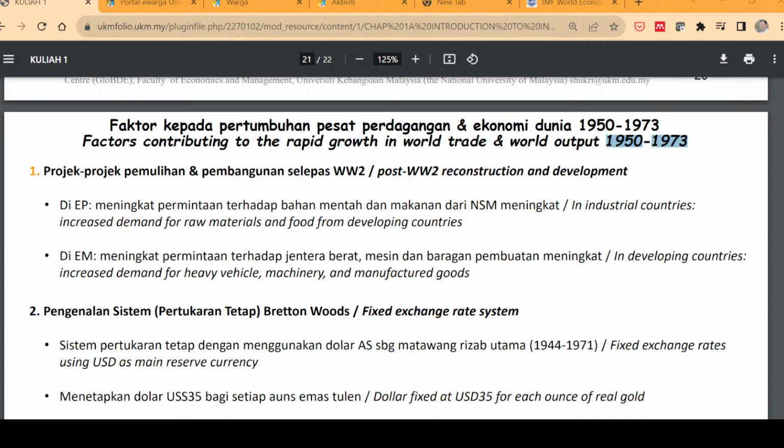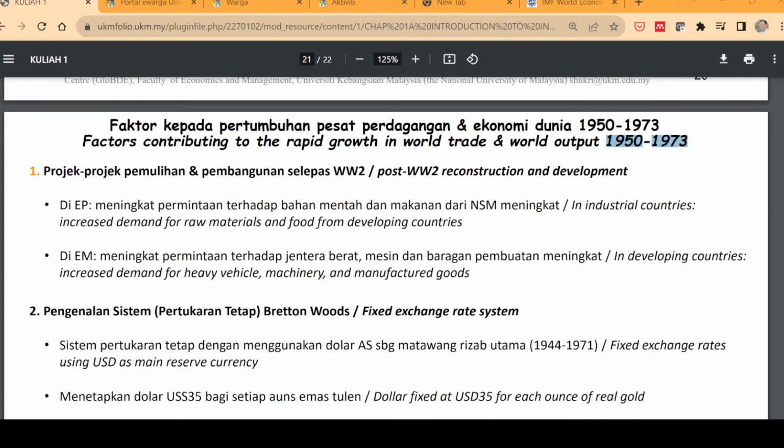So golden years of the world economy, after the end of World War II. Not immediately 45, not immediately 46, 47, 49, but beginning from 1950, because after the war you need some time for the economy to pick up.